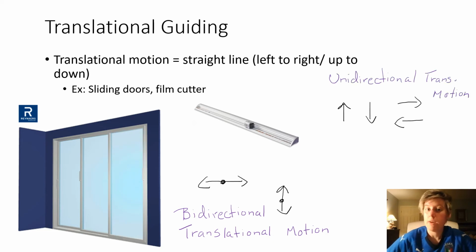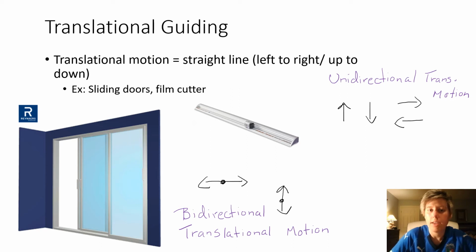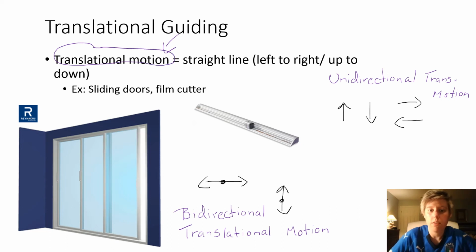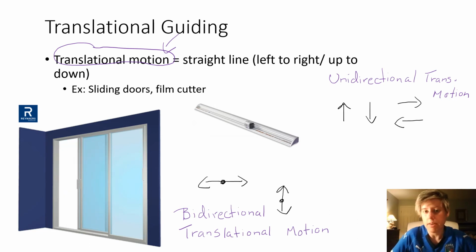So the key thing is that translational guiding allows for translational motion to take place. And this can be bidirectional, like the sliding doors or the film cutter, or I could have unidirectional translational motion.